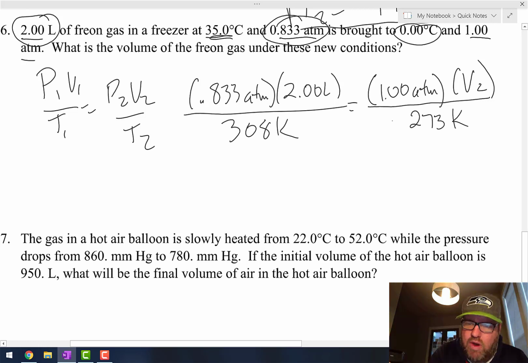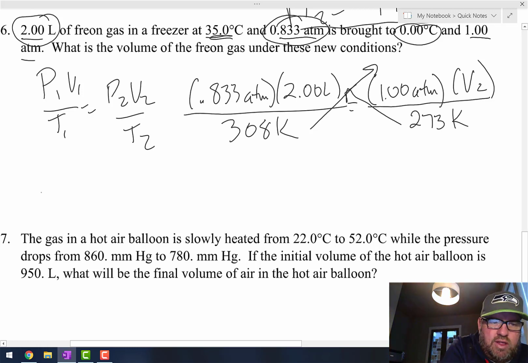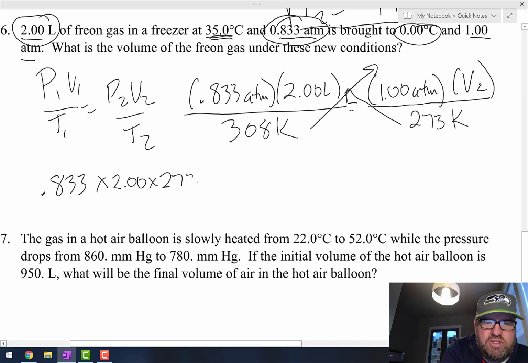Okay, so now we're going to cross multiply. So the 273 goes up here, the 308 goes here, and then to get V2 by itself, we're going to have to divide by 1 and then divide by that 308. So in my calculator, I'm going to put 0.833 times 2.00 times 273.